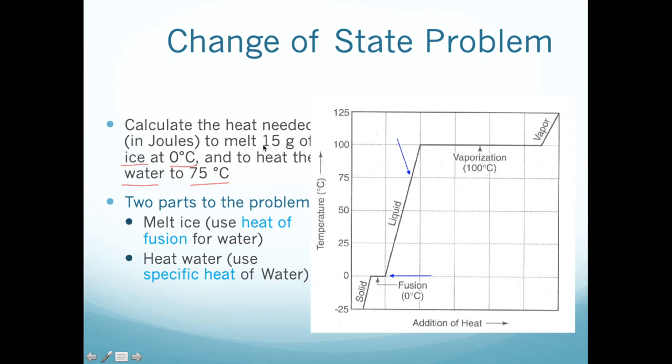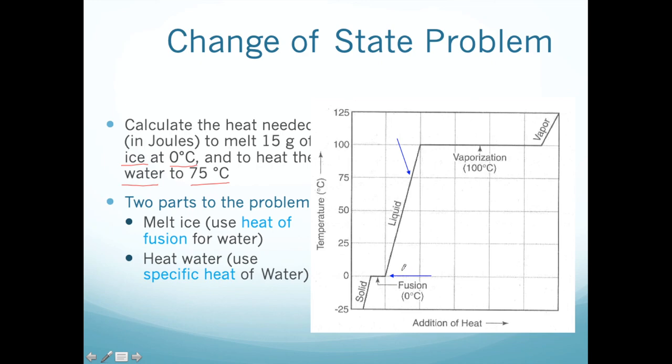And don't forget, if we have 15 grams of ice, we also have 15 grams of water, that's what the ice melted into. So we have an m for our sample of water now. We have the mass, we have the change in temperature, and because it's water, we also know what c is, 4.184 joules per gram degree Celsius.